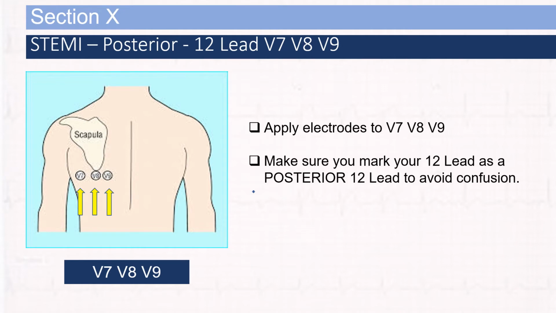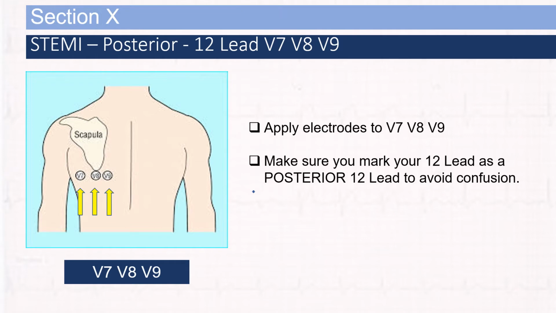Once you obtain your 12 lead, mark V4, V5, and V6 with a legible mark, V7, V8, and V9 respectively. That way, providers down the line know that that was not an original 12 lead, and that is a posterior view.